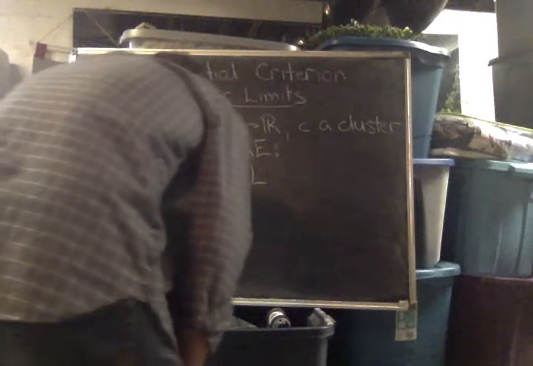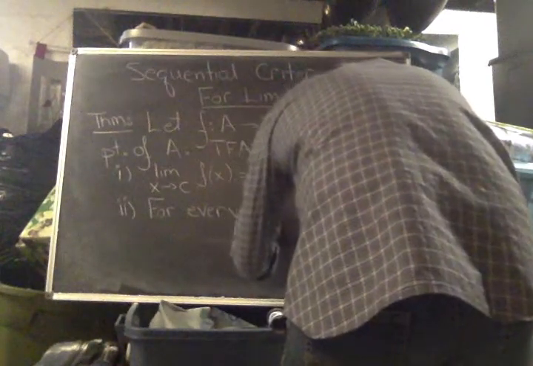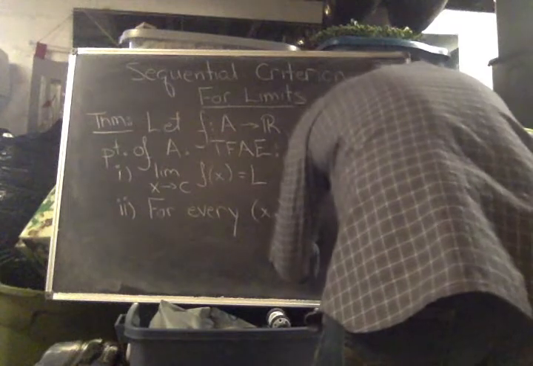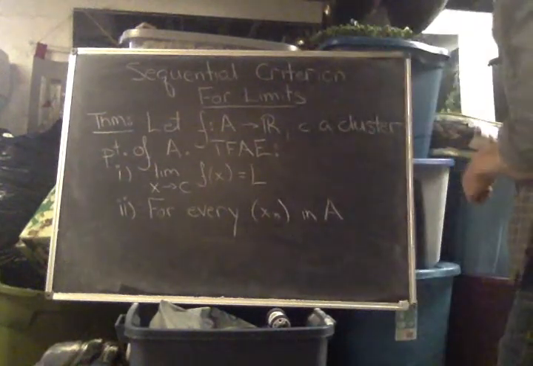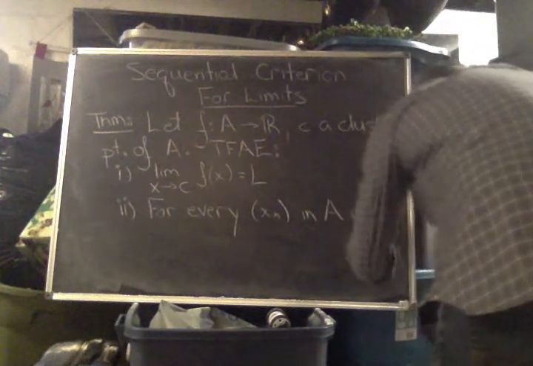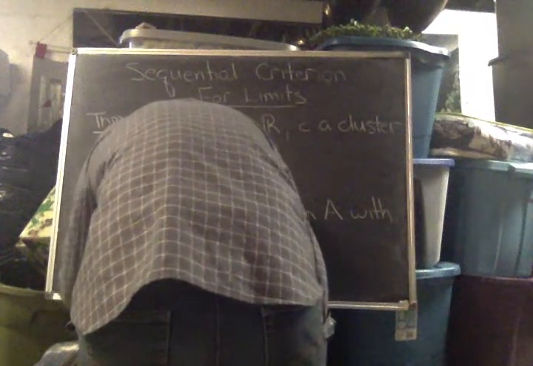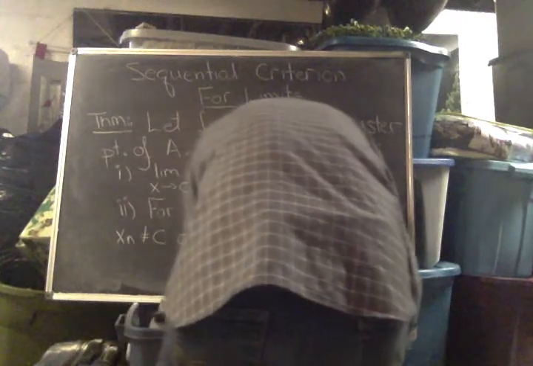It says for every sequence xn in A, so it should be a sequence of points from the domain, with xn not equal to c and xn converging to c.